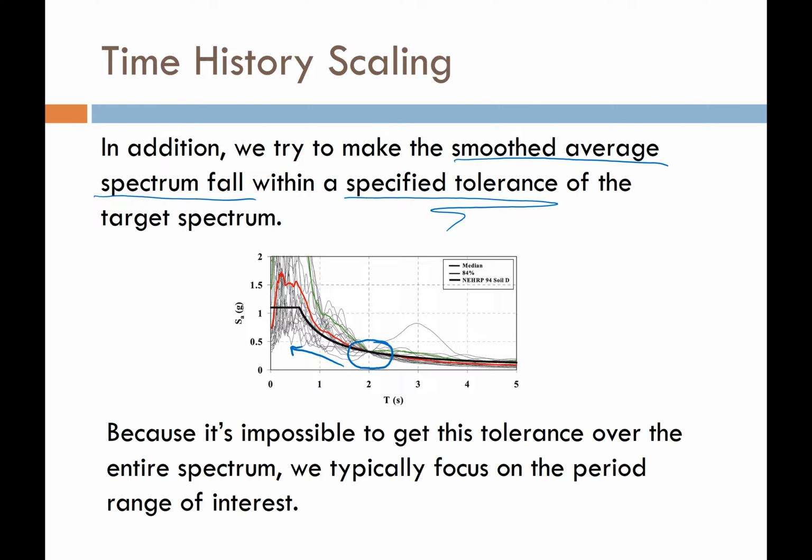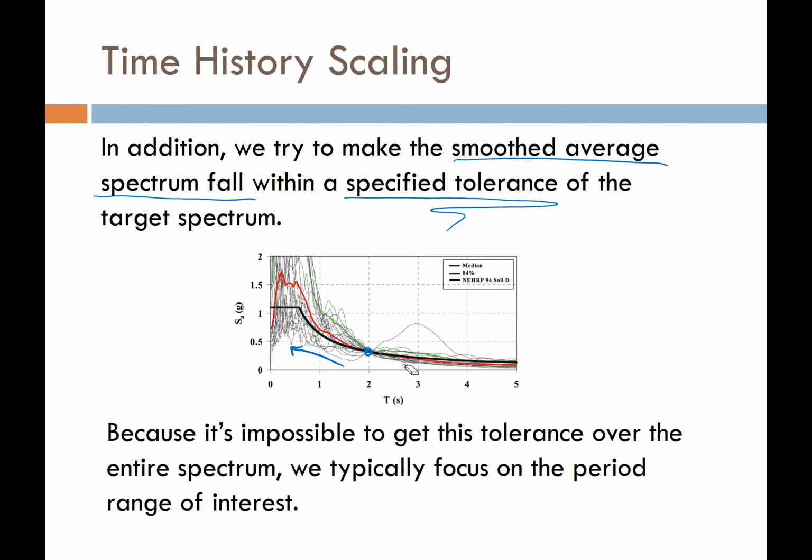So the idea is to try to focus on a period range of interest. In other words, if this is my target period, then maybe I could draw a line here and here and say within this window, my average response spectrum from all the individual response spectra is going to be within some specified tolerance of my target.